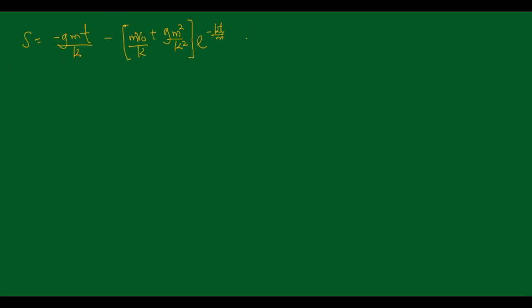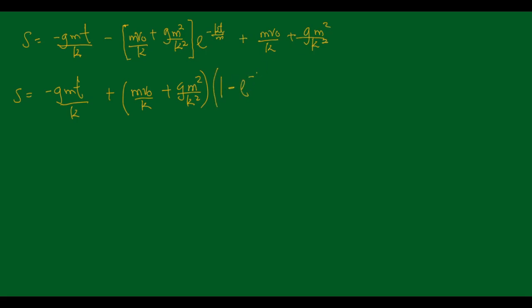So minus, then plus mv naught over k plus gm squared over k squared, which is the value we got for p. So this is common to both sides. We can factorize them. s is equal to minus gmt divided by k plus mv naught divided by k plus gm squared divided by k squared multiplied by 1 minus e raised to power minus kt over m.